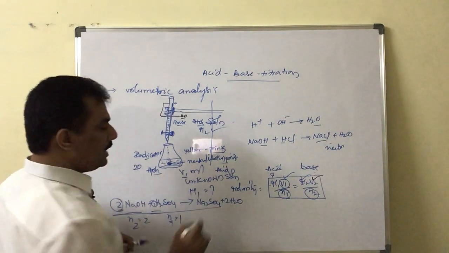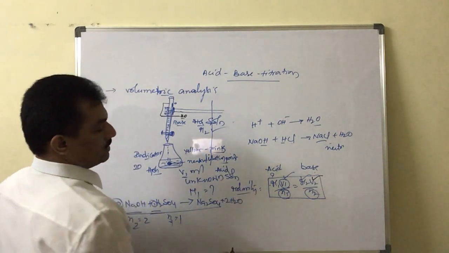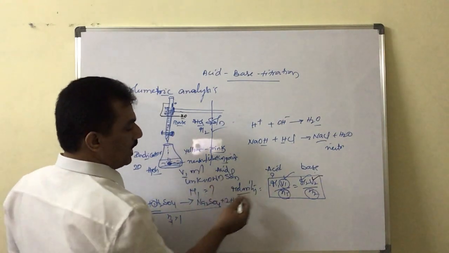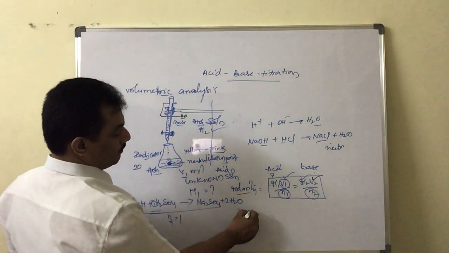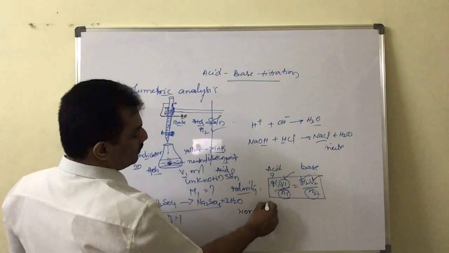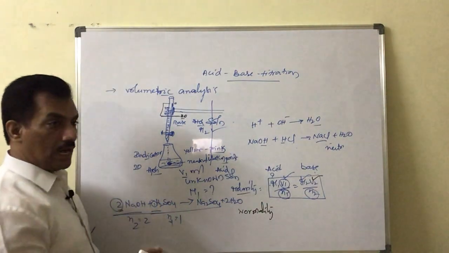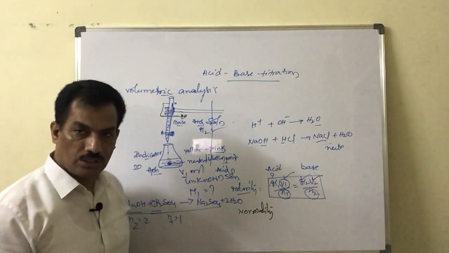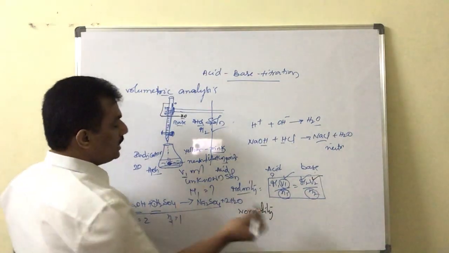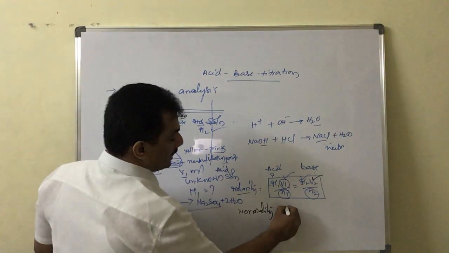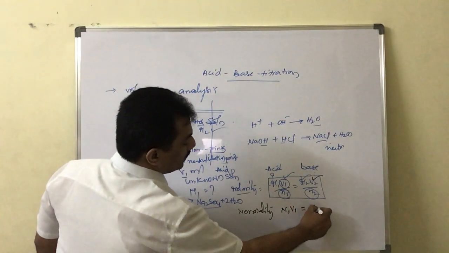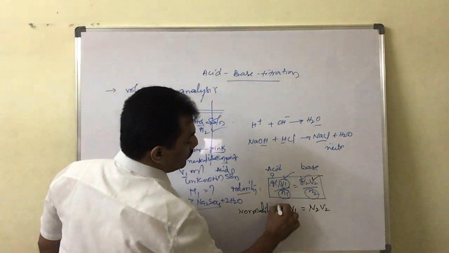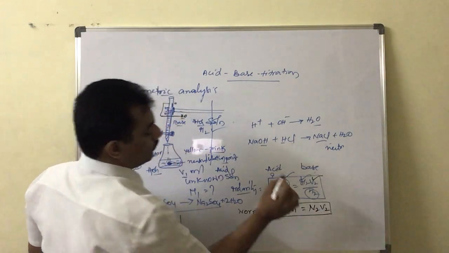And now in case molarity is used, this is the law of neutralization, but if the normality of the standard solution is given and the normality of the unknown solution is asked, then we need not balance the equation, because as per normality, the law of neutralization is nothing but N1 V1 is equal to N2 V2.